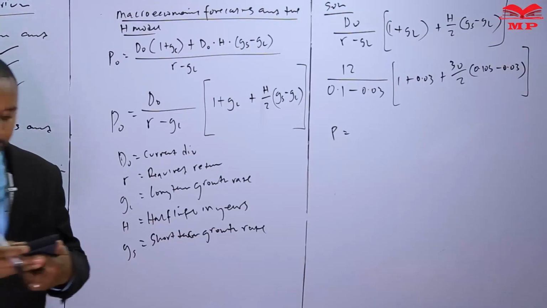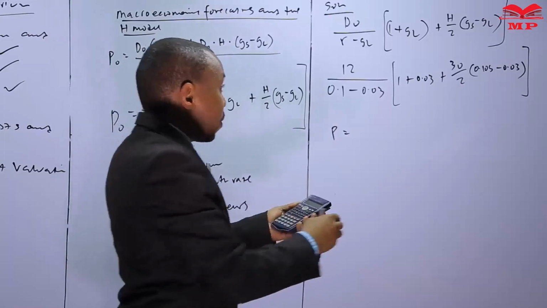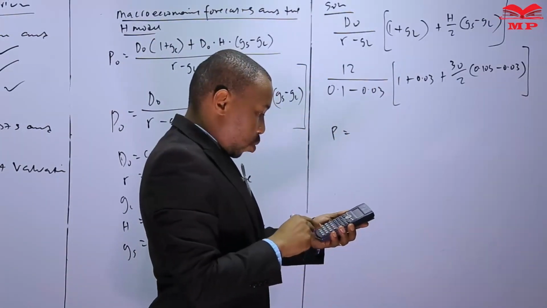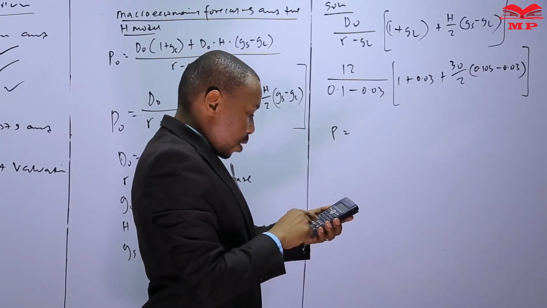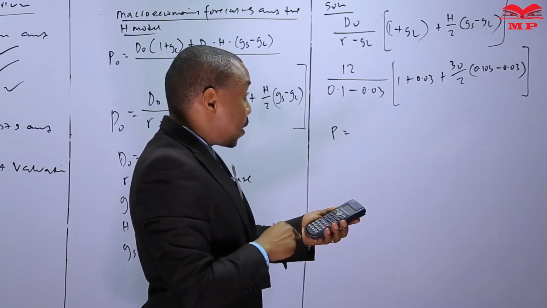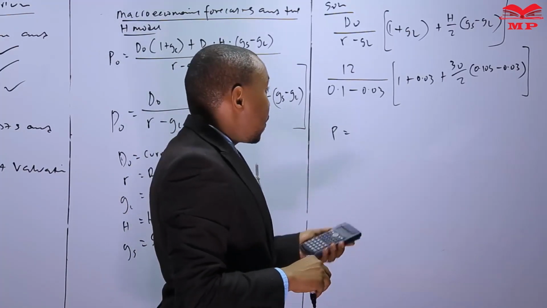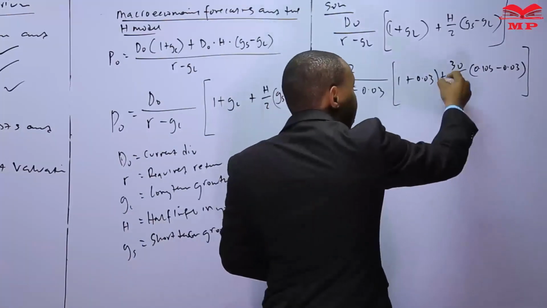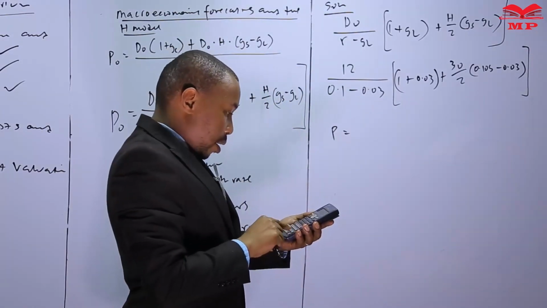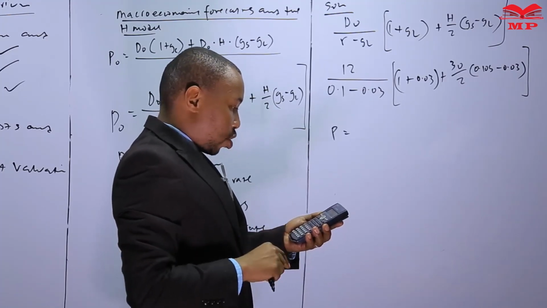Very quickly, work it out. We work the brackets first. Let's work this component first. 30 divided by 2 is 15. Then we multiply by the difference, 0.105 minus 0.03, and we have 1.125. Then we add 1.03 there, and we get 2.155.